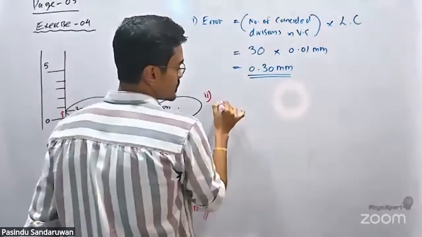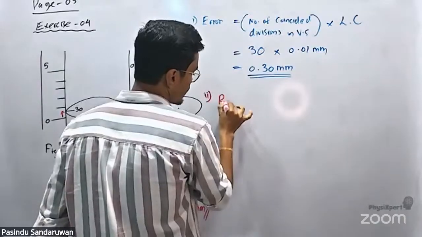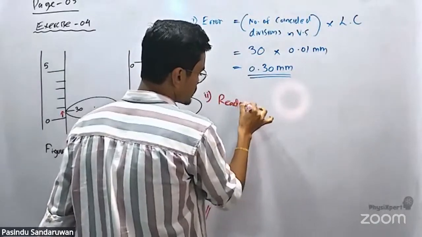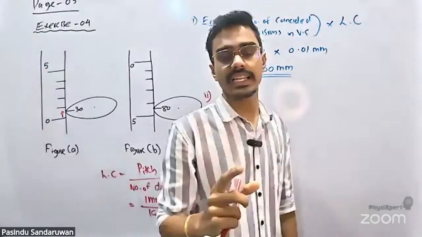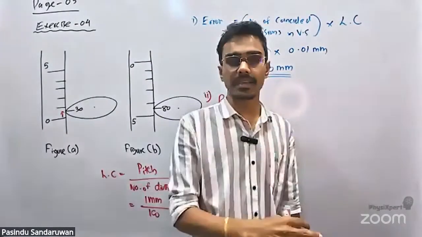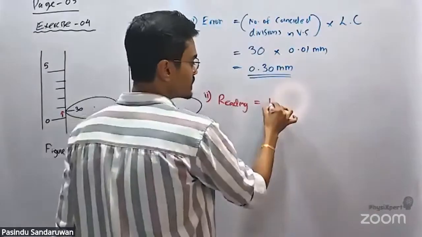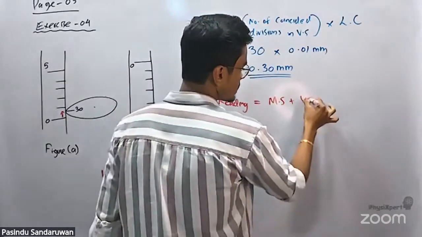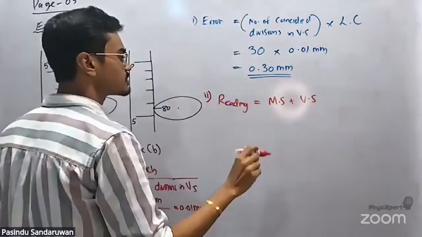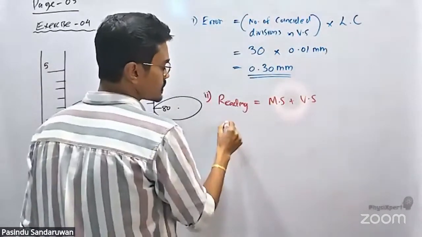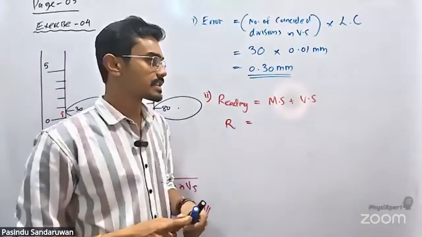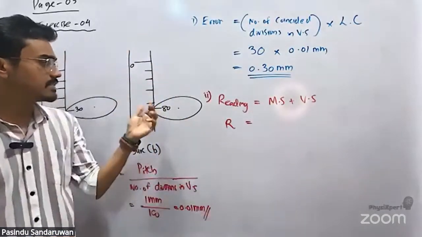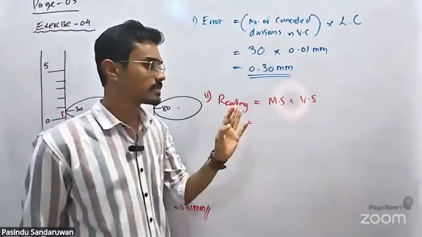Any reading of an instrument which uses a vernier scale is read as main scale reading plus vernier scale reading. Main scale is read as completed main scale divisions.